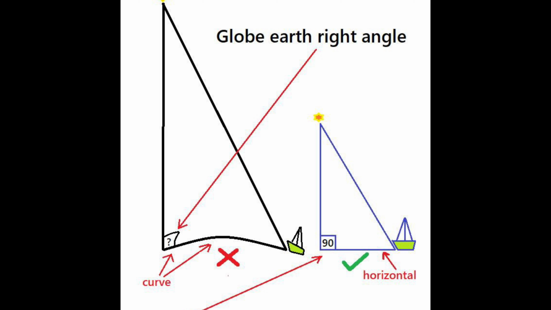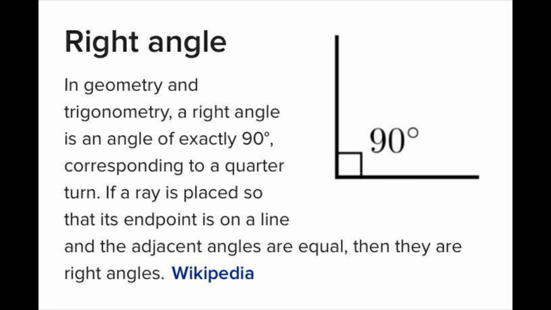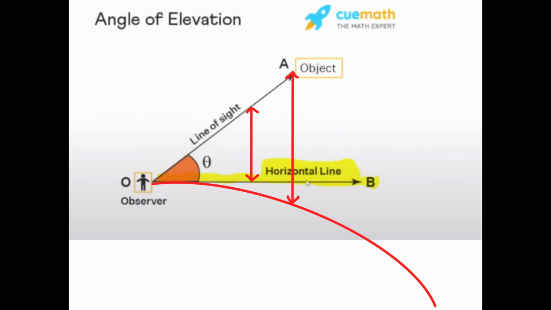If we define a horizontal line, it's going to be at 90 degrees to your zenith. So if we live on a ball, that horizontal line is not comporting to the surface of the Earth. The first horrible red line I've drawn goes from the observer underneath the horizontal line to represent the curvature of the Earth.